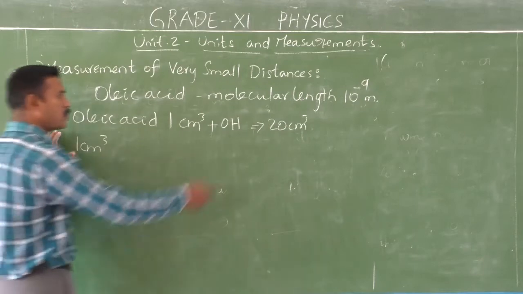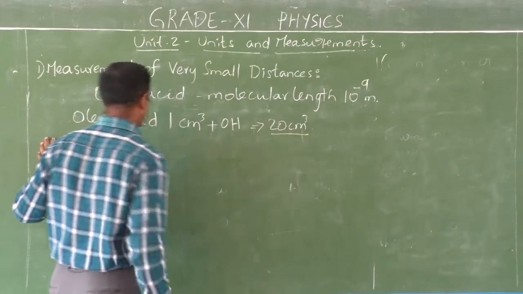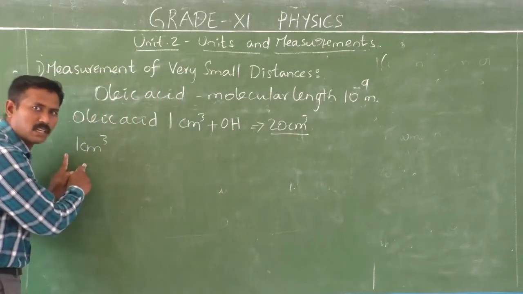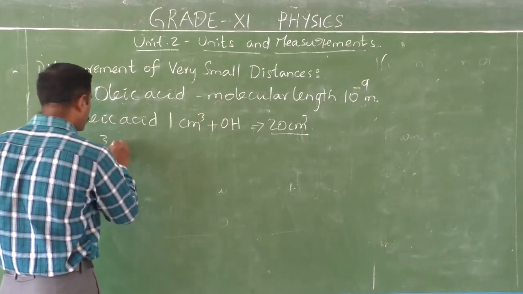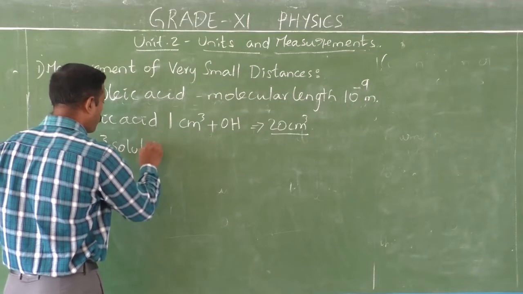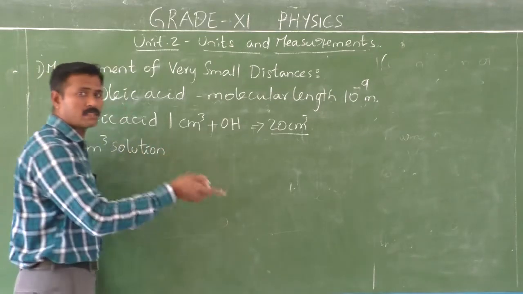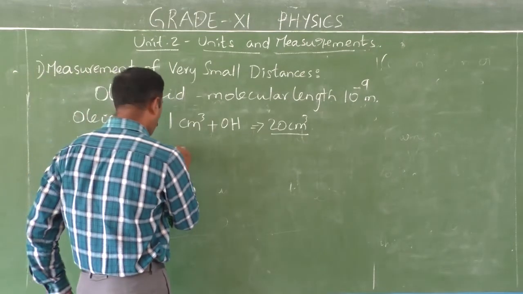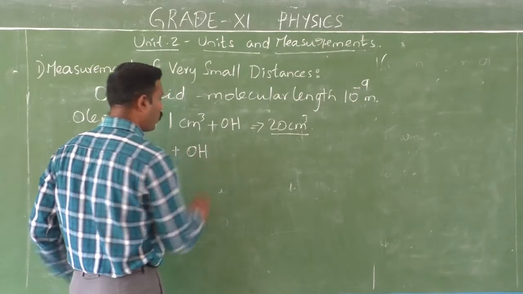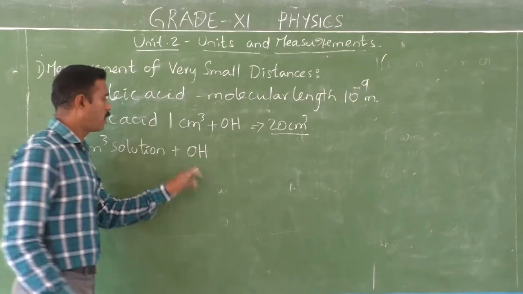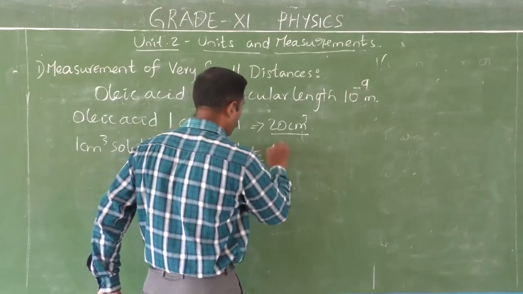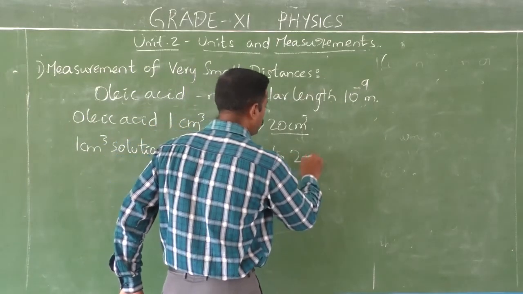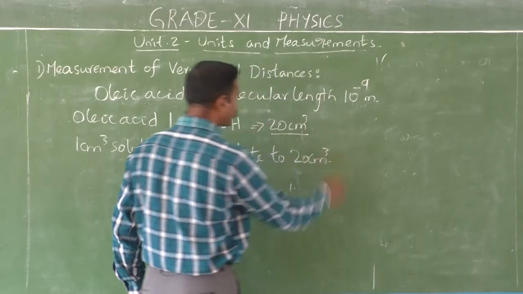From this solution I take again 1 centimeter cube and mix it with alcohol, and dilute it to 20 centimeter cube.